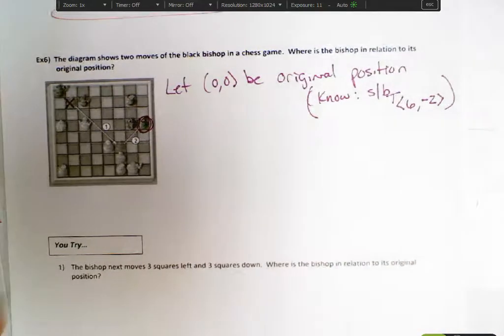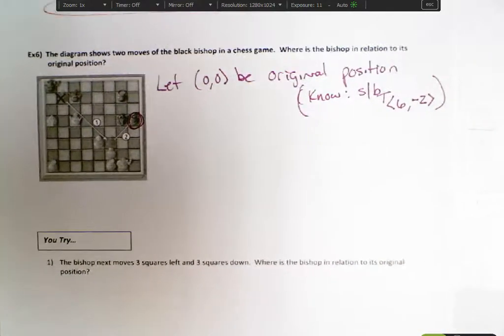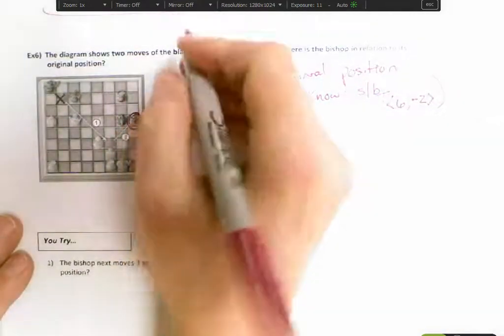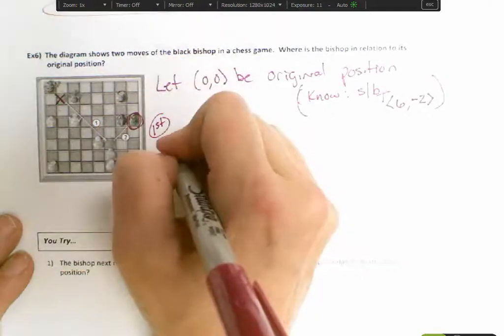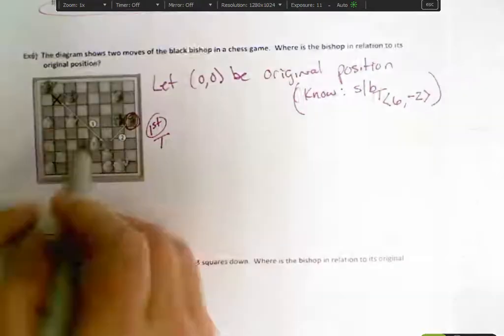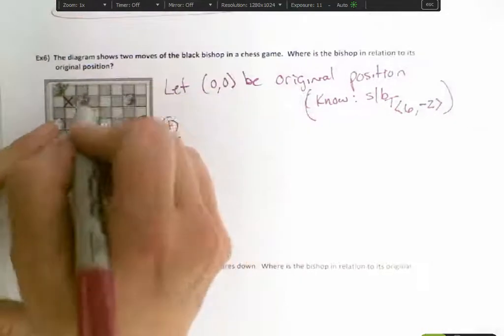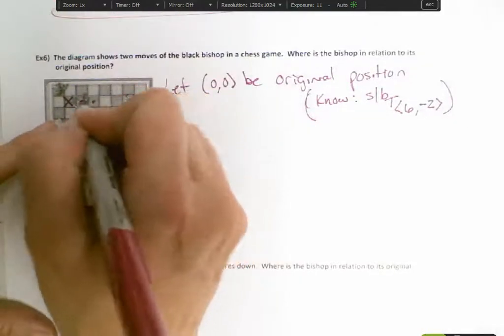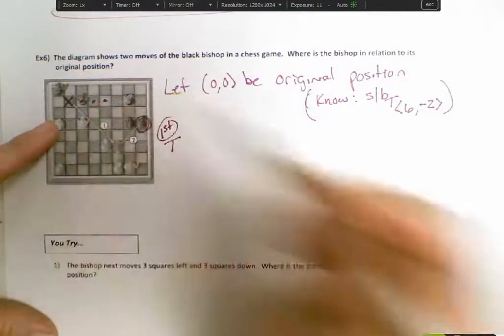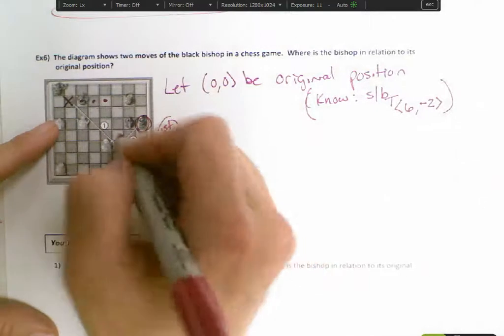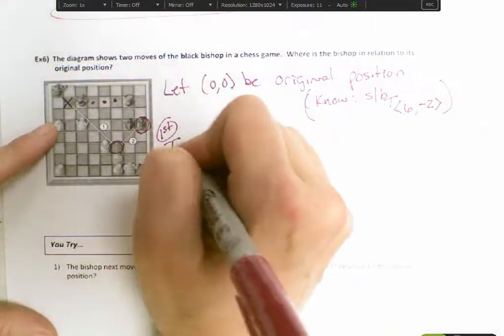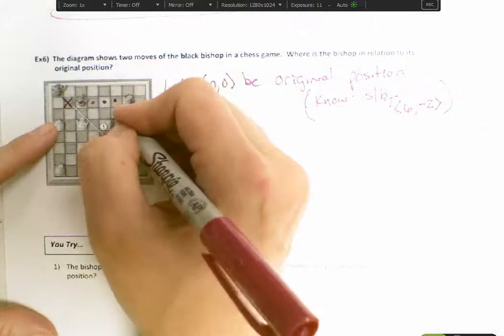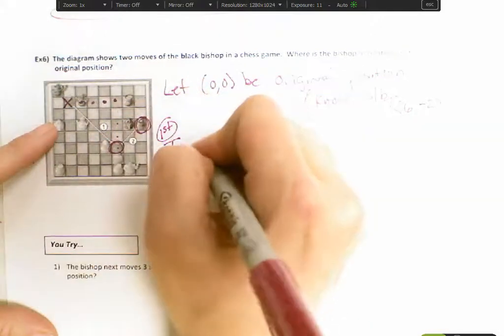So let's practice the translation so you know how to do them when it's not this easy. So my first translation is what? I went from here to here. So I went 1, 2, 3, 4, because this is where I'm at. 4 to the right, so it's a +4, and I went down 1, 2, 3, 4, down 4.